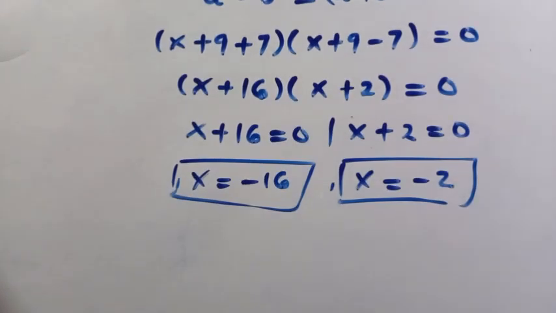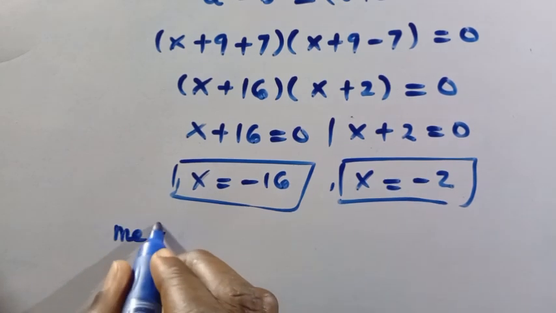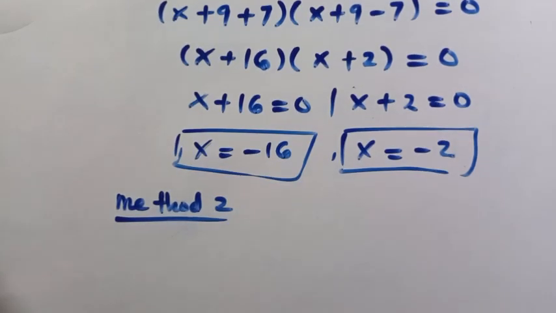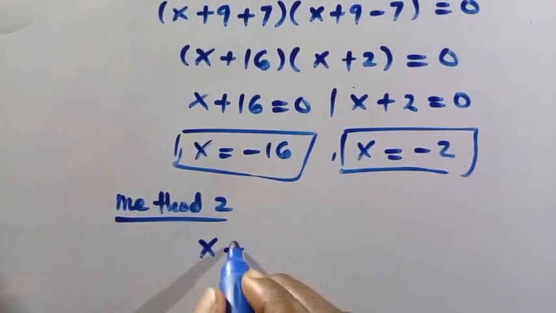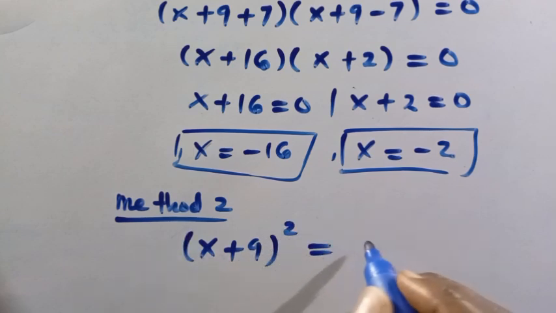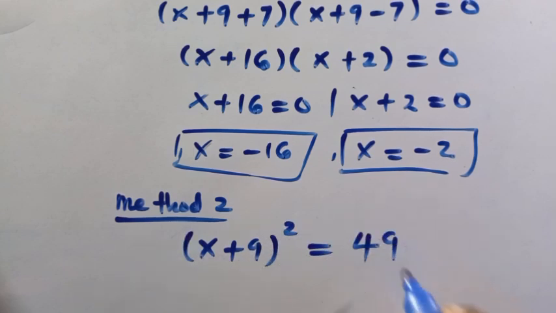And let's see how we can solve this using the second method. So let's say method 2. From the problem, we have (x + 9)^2 = 49.